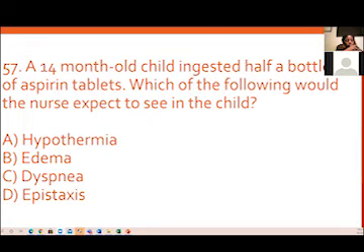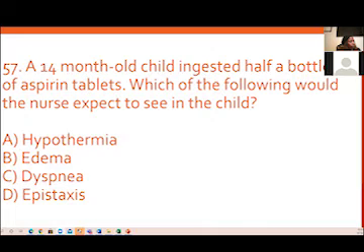I know dyspnea is difficulty breathing. And hypothermia, the temperature is down. And edema is? Edema is swelling, right?